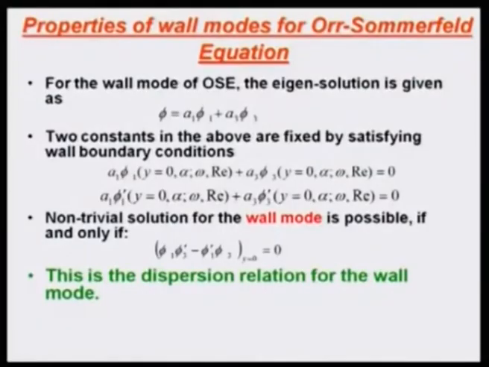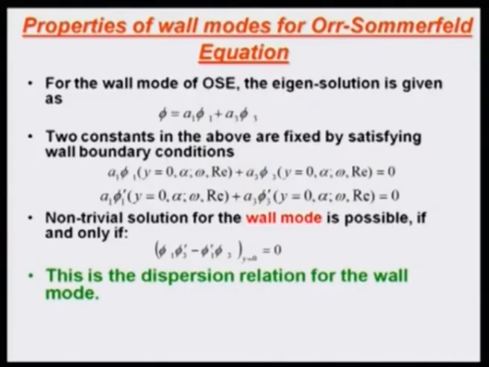Now, this is where the mathematicians or the physicists say the correct thing, but they do it in an indirect manner. We have two equations for two unknowns.